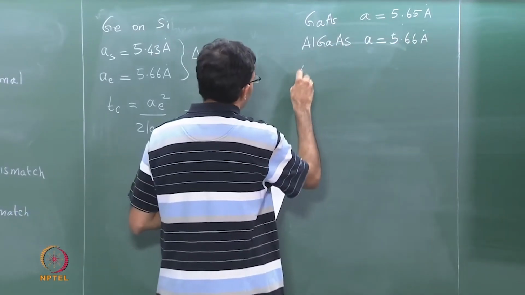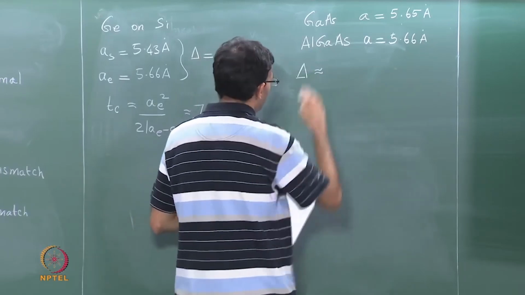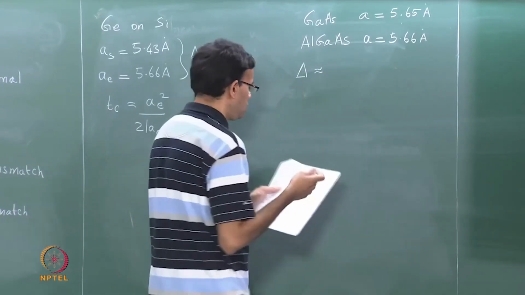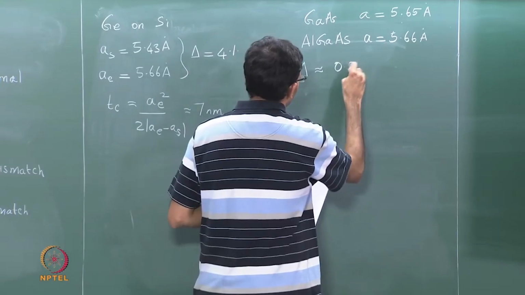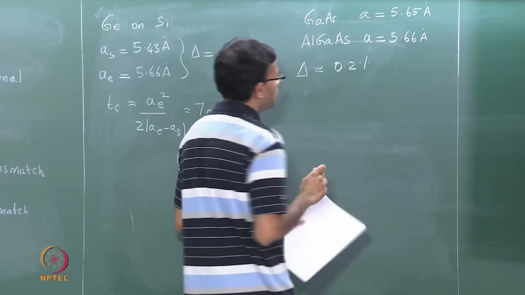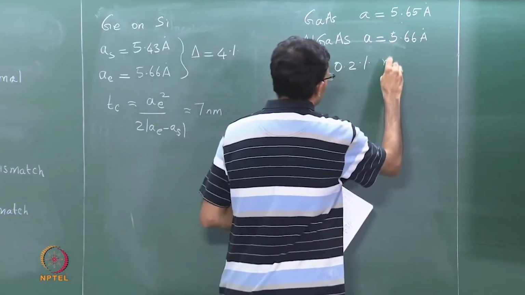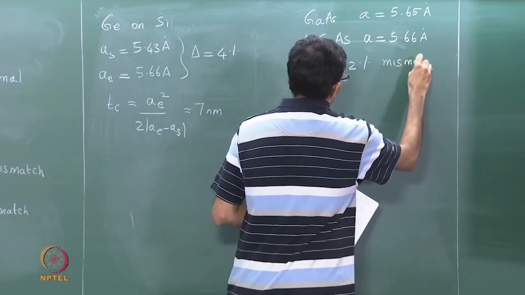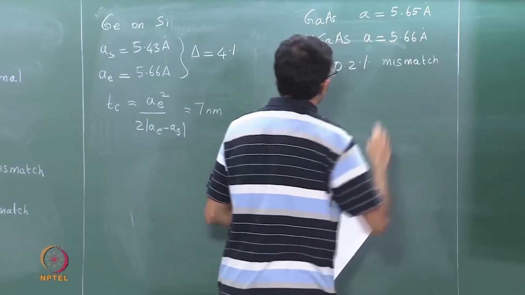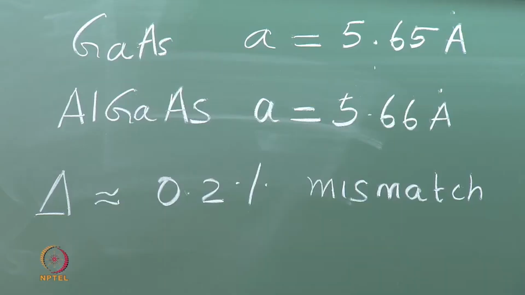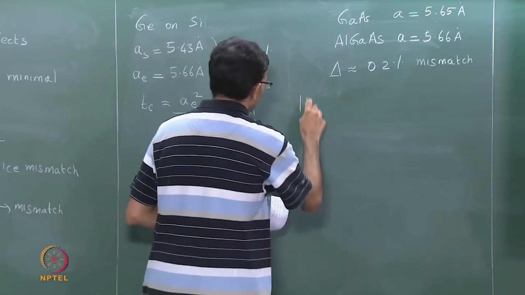So, here the lattice mismatch delta is much smaller, it is typically around 0.2%. Silicon germanium, it was 4%. So, it is easier to grow epitaxial layers here. So, in the case of a heterojunction, we want to choose two materials with different band gaps.